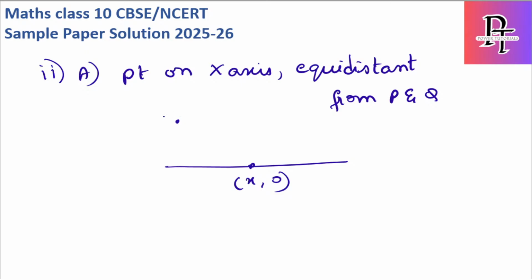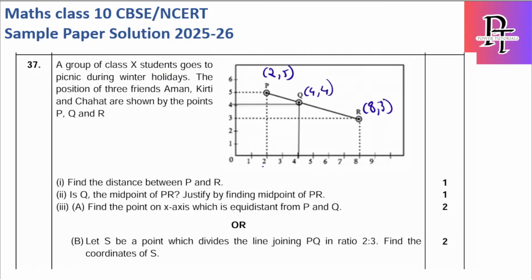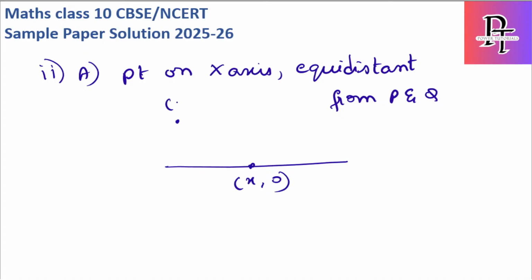We have one point which is P, which is 2, 5, and Q is 4, 4. They're saying that this distance is D, then this distance is also D. We need to find the x coordinate, the point x on the x-axis which is equidistant from both the points.